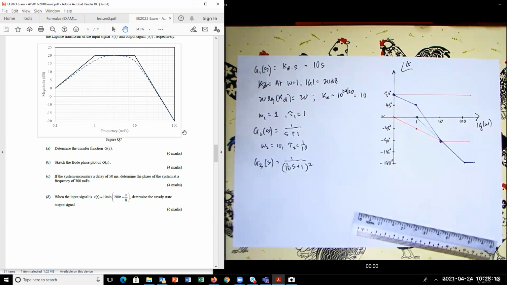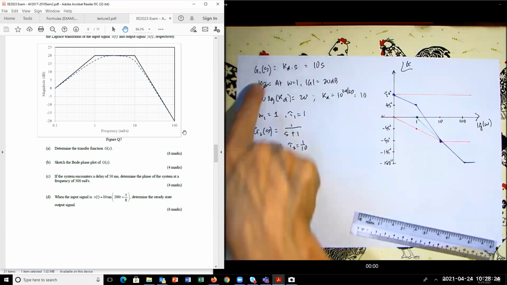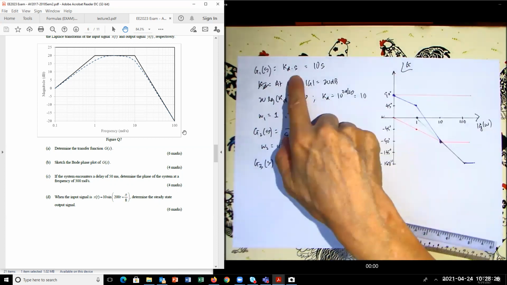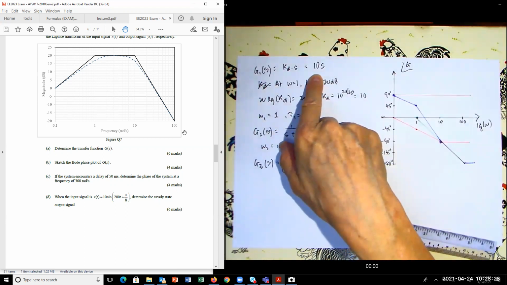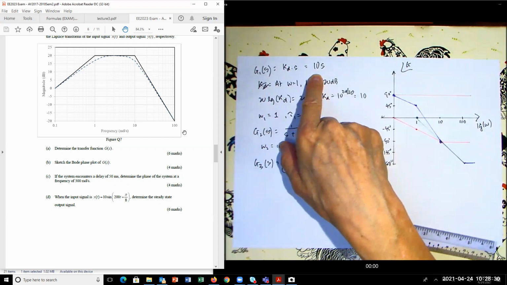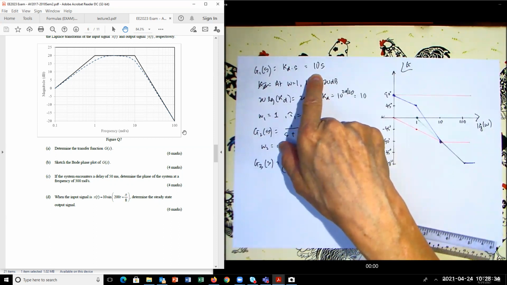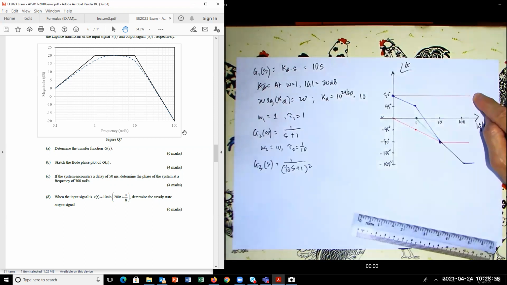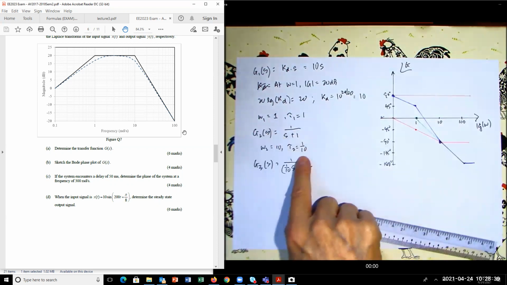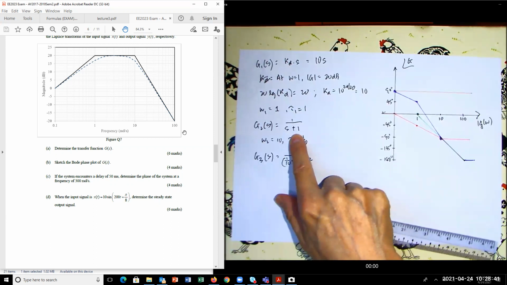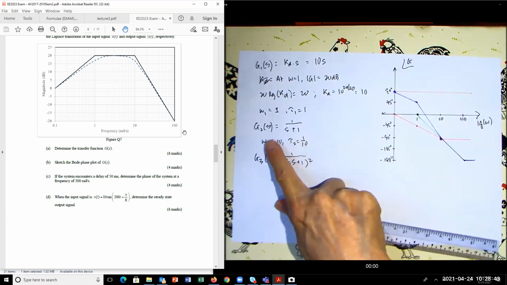How to combine? I have to repeat the whole thing again. First thing is that you need to draw the phase of each subsystem. So G1 is a differentiator. A differentiator has a phase of plus 90 degrees, which is the brown one. G2 is a pole with a corner frequency of 1.